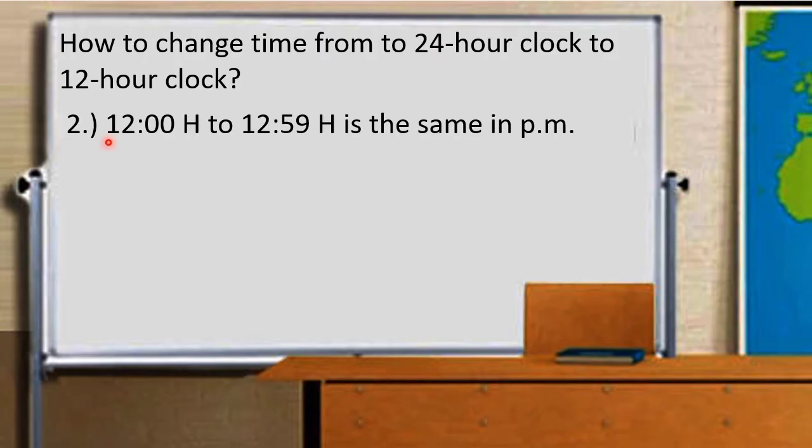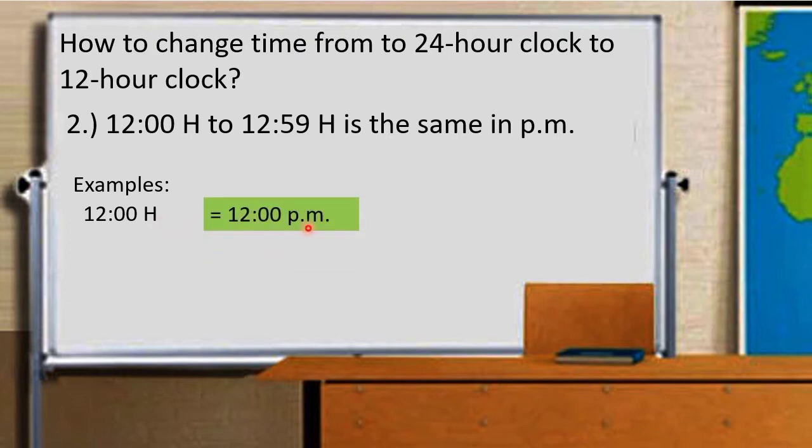Next, number 2. So, from 1200 hours to 12:59 hours is the same in PM. Okay, so let's have our examples. 1200 hours is equals to 12 PM.